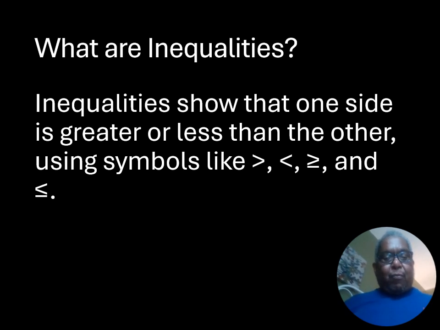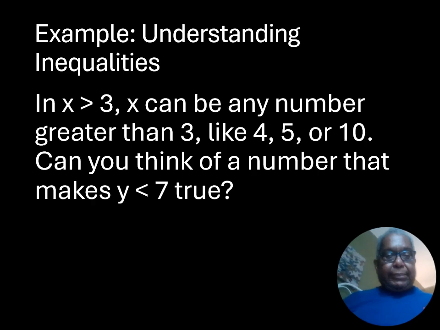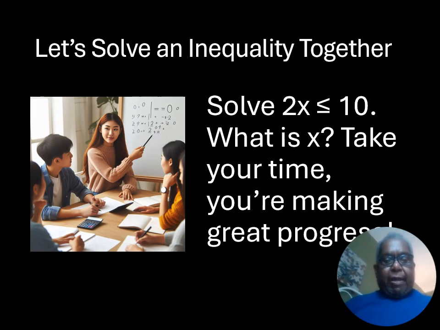Inequalities show that one side is greater than the other. Use the less than, greater than or equal to, and less than or equal to symbols. And the trick to remembering this is that where the triangle is pointed is less than. So in x greater than 3, x can be any number greater than 3. Pretty straightforward. 2x less than or equal to 10.